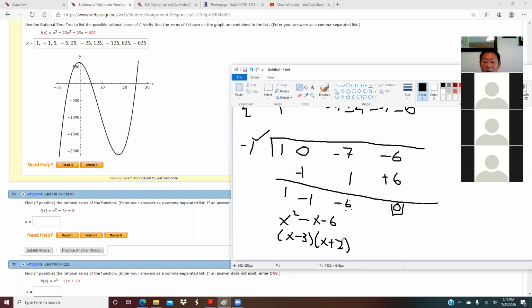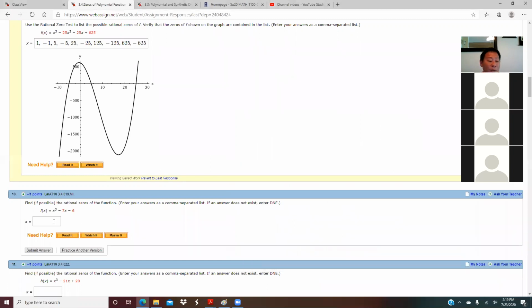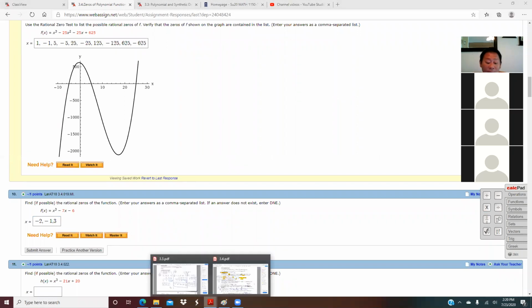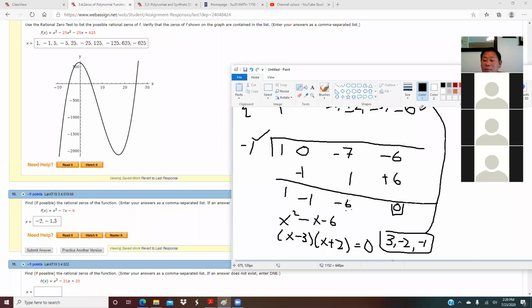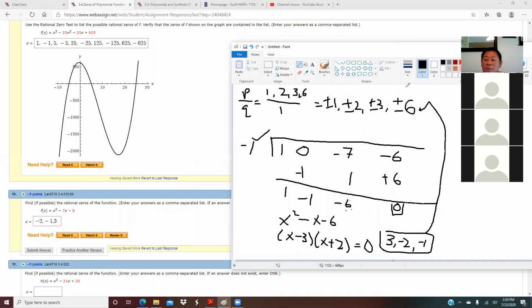Then you set this all equal to 0. So the zeros in this case will be 3, negative 2, and don't forget the negative 1 that you used in synthetic division earlier on. So your answer in this case is negative 2, negative 1, and 3. You found that this answer is part of your possible zeros. Remember the possible zeros that you found?